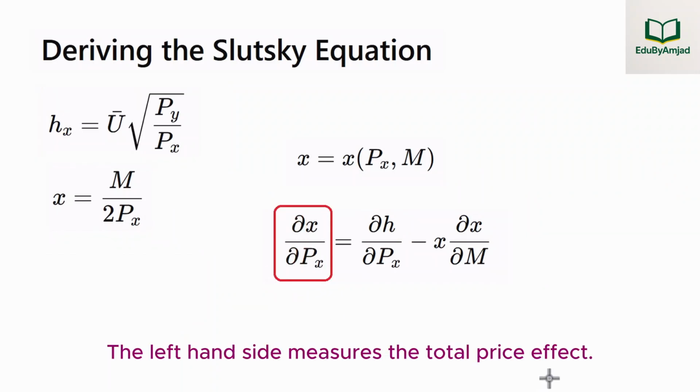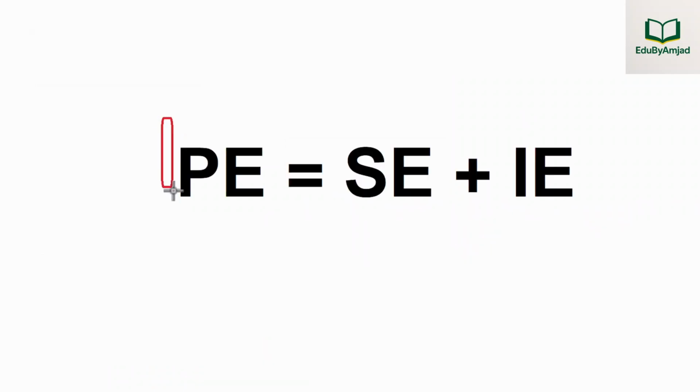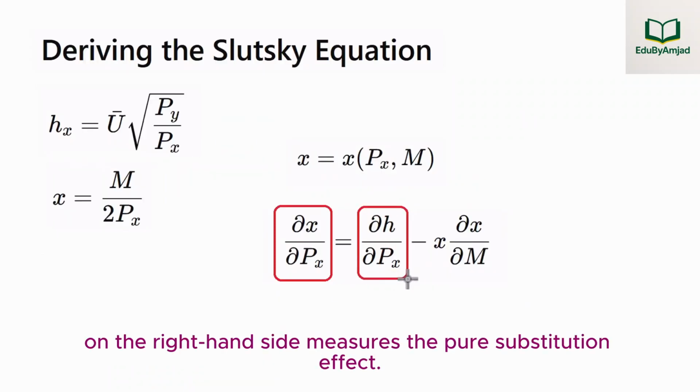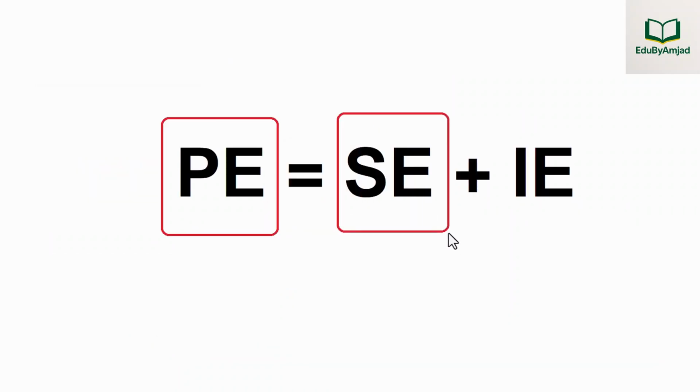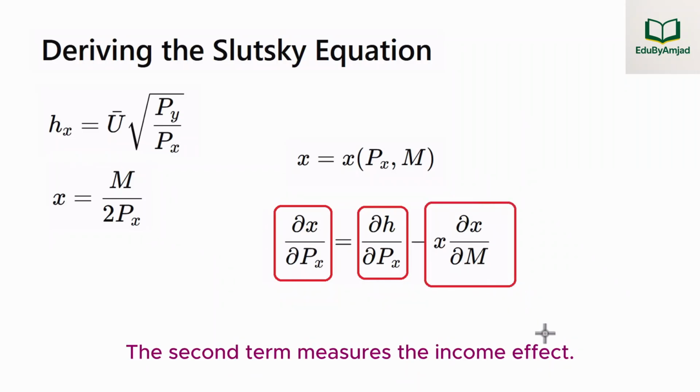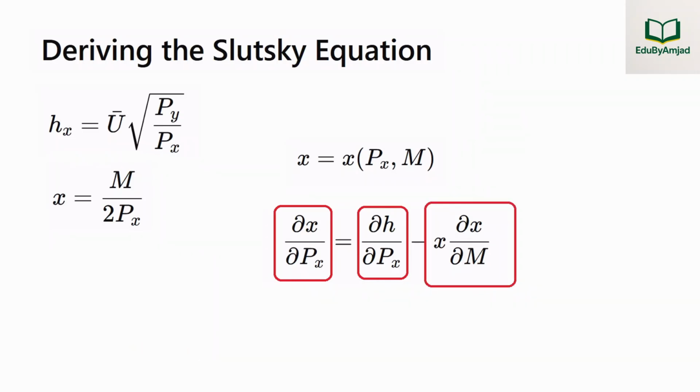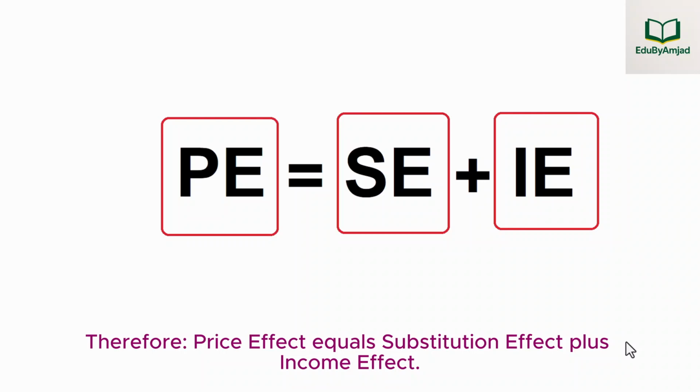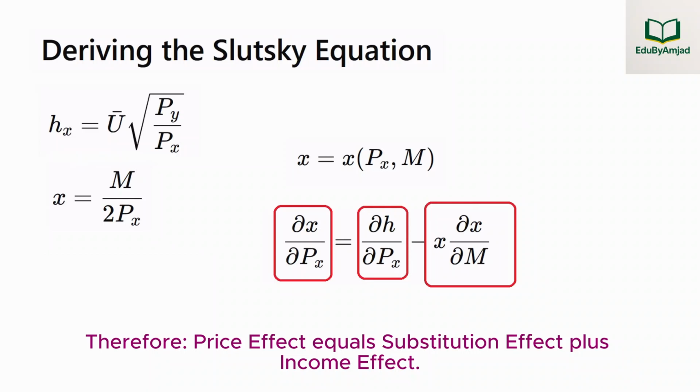The left-hand side measures the total price effect. The first term on the right-hand side measures the pure substitution effect. The second term measures the income effect. Therefore, price effect equals substitution effect plus income effect.